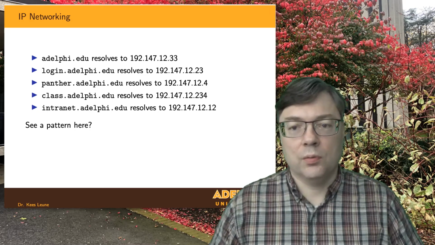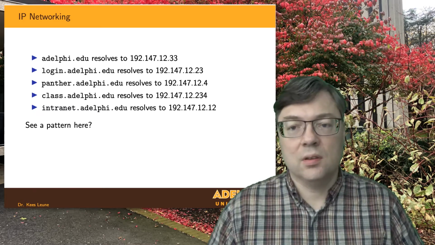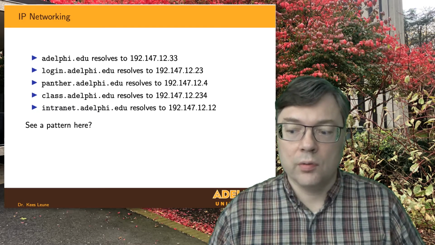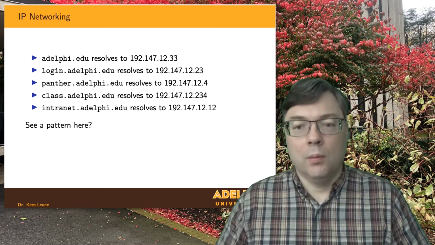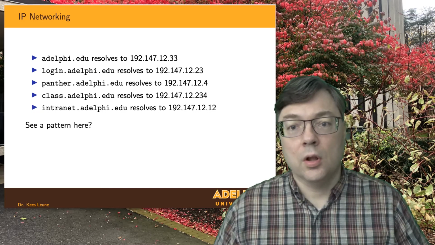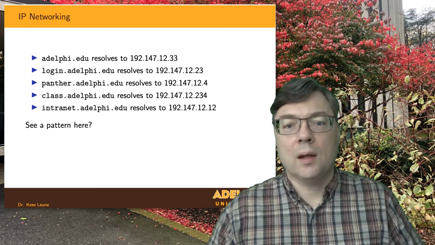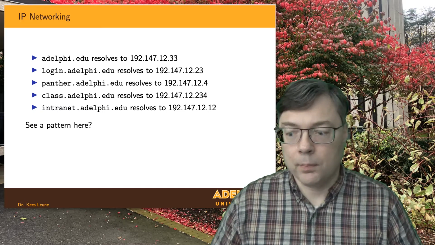Panther.adelphi.edu is 192.147.12.4. Class is 192.147.12.234. Intranet.adelphi.edu is 192.147.12.12. Now, if you're paying attention to what these IP addresses look like, you'll start seeing a pattern in them.